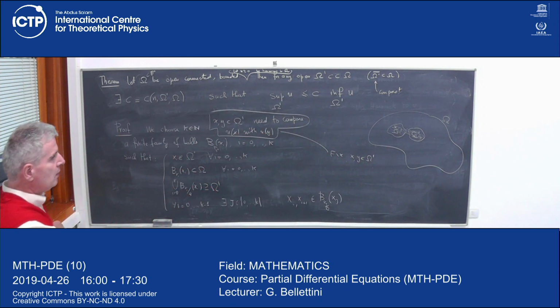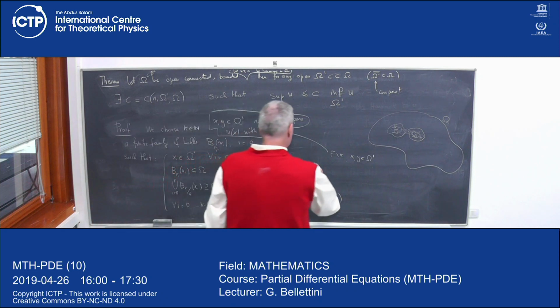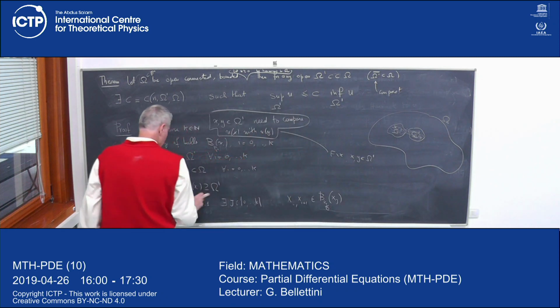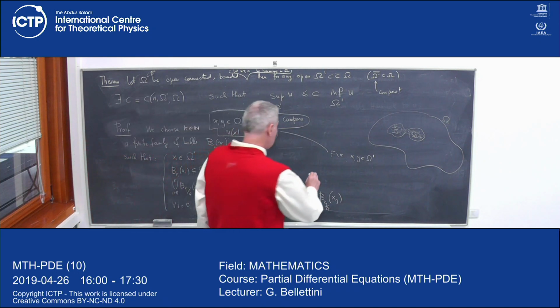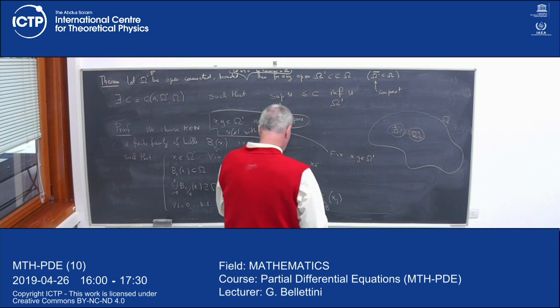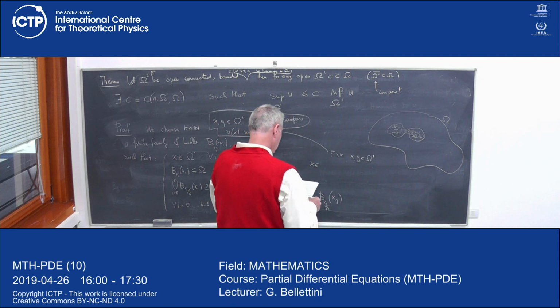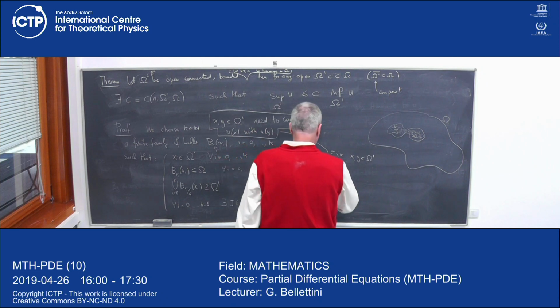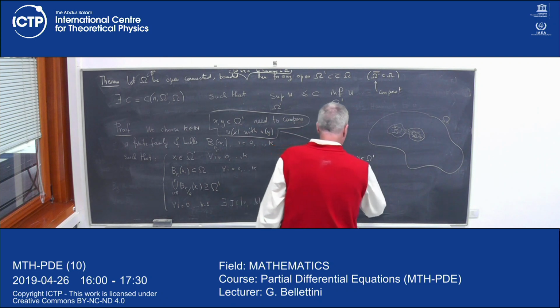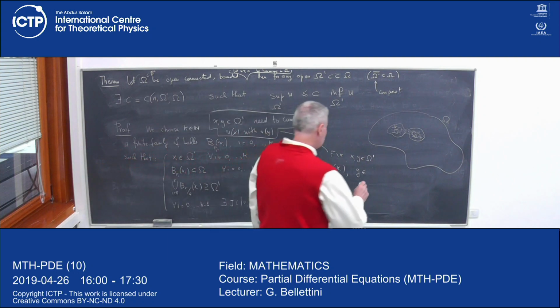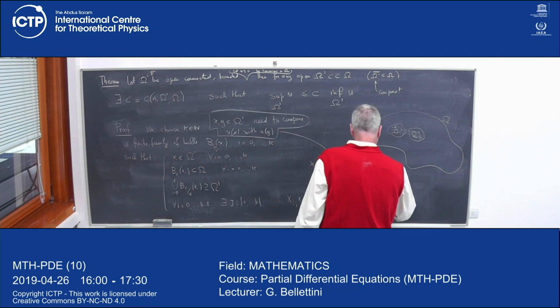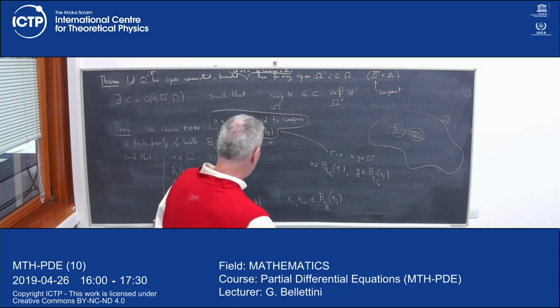And we start to consider, so x and y are in omega prime, so they are inside some of these balls. Say x belongs to one of those, let me call the index i, and y belongs to some of these, let me call this index l, with i and l from 1 to k.